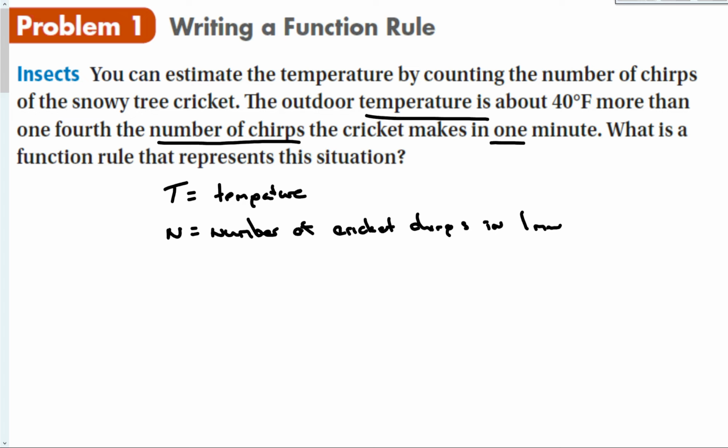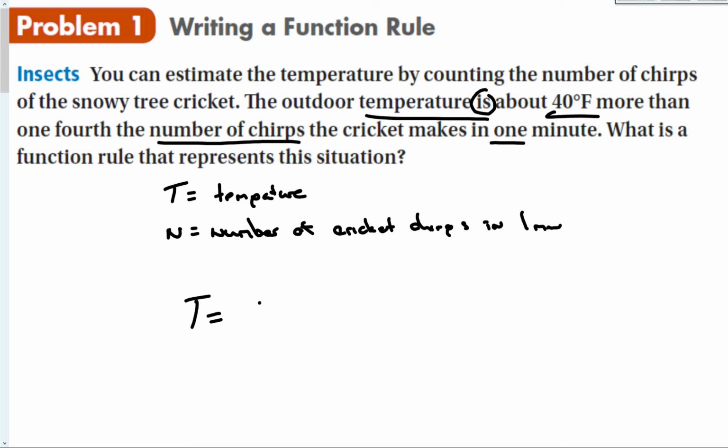All right, so what's happening here? Okay, so the outdoor temperature is about 40 degrees more than, okay? So the temperature is going to be, right? The outdoor temperature is. So when you see the word is, that's usually going to be a place where we should put our equal sign because we're saying this is equal to this.